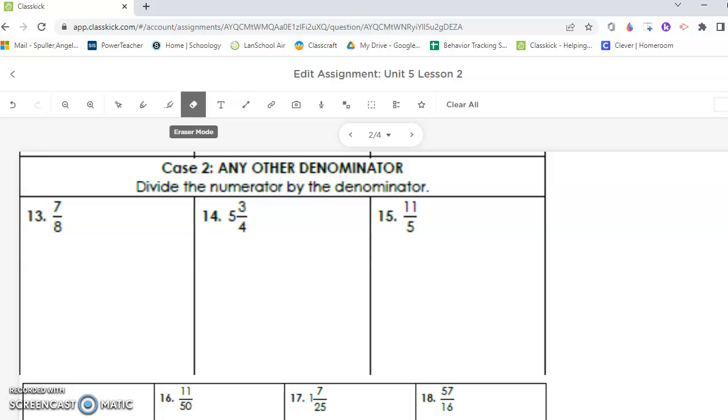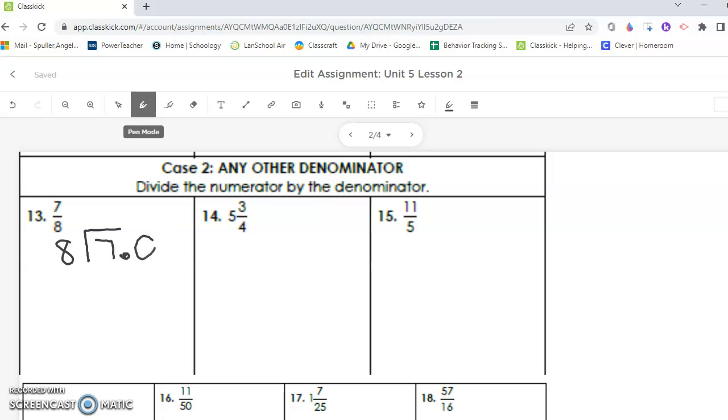So we're going to take the top number and we're going to divide it by the bottom number. We're going to put a decimal there and a 0. 8 can't go into 7, so we're going to go here. 8 can go into 70. Let's see, 8 times 8 is 64. Subtract that.